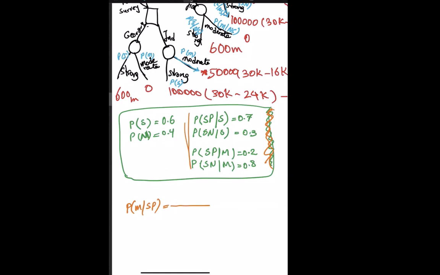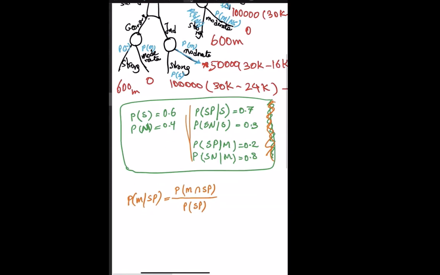So this is M intersection SP, divided by probability of SP.